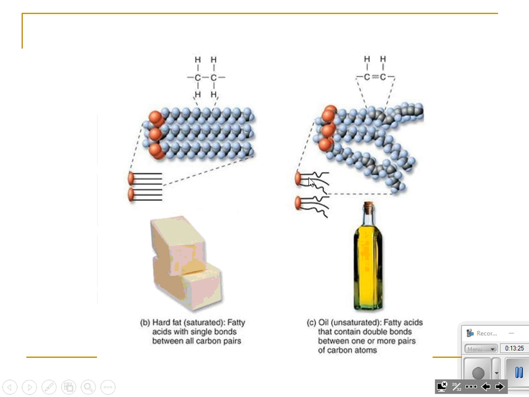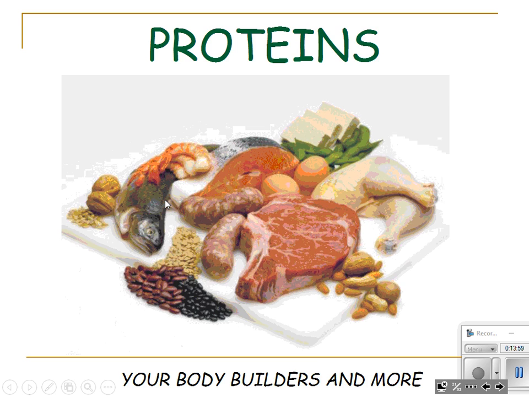Look at these, how these are crooked. Those crooked places are where double bonds are. Double bonds mean unsaturated. So if you see fatty acids that are crooked, they're unsaturated. The fatty acids that are straight are saturated. And which ones are healthier for you? Unsaturated fats.